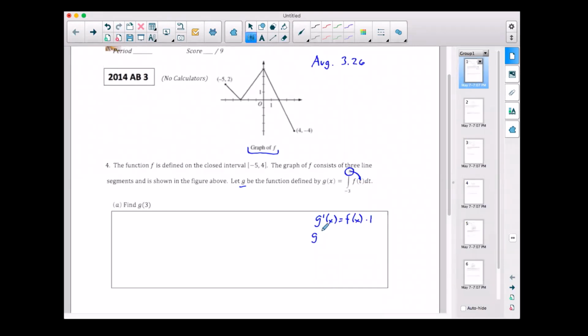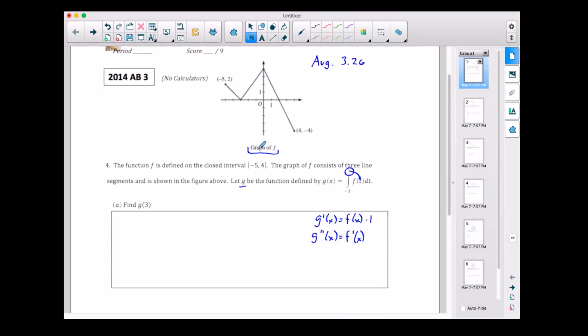And then I'm also going to recommend that we take another derivative. So g prime's derivative is g double prime, and that's going to be equal to f's derivative, which is f prime. This little step right here, where we connect g and f together, is a really critical step to how we're going to approach these problems.